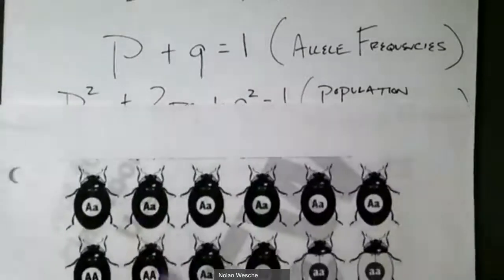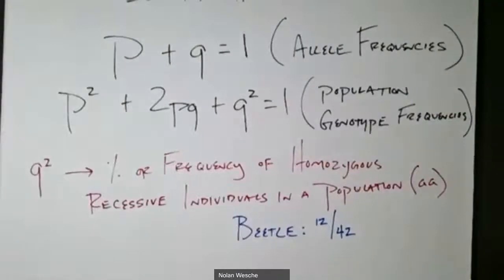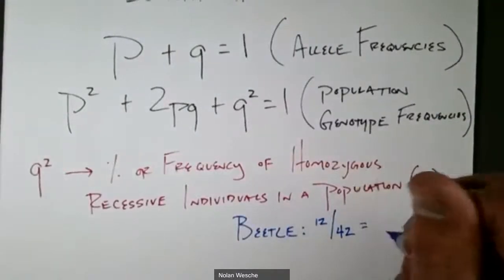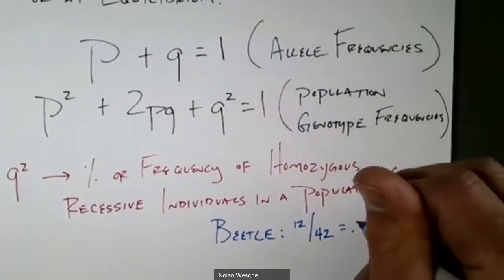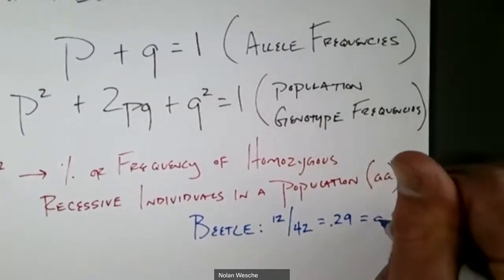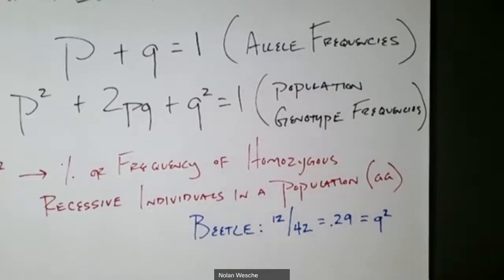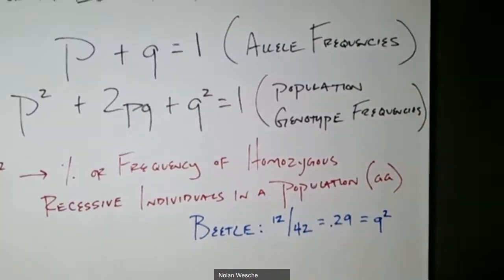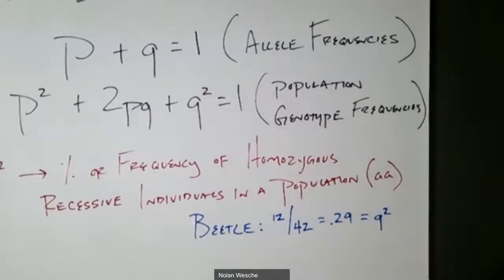It's 6 across, 7 down, so that's 42 total beetles. That gives me a percentage of 29% or 0.29 frequency. So that is going to be my Q squared value. That tells me 29% of my beetles are the recessive phenotype, or Q squared.